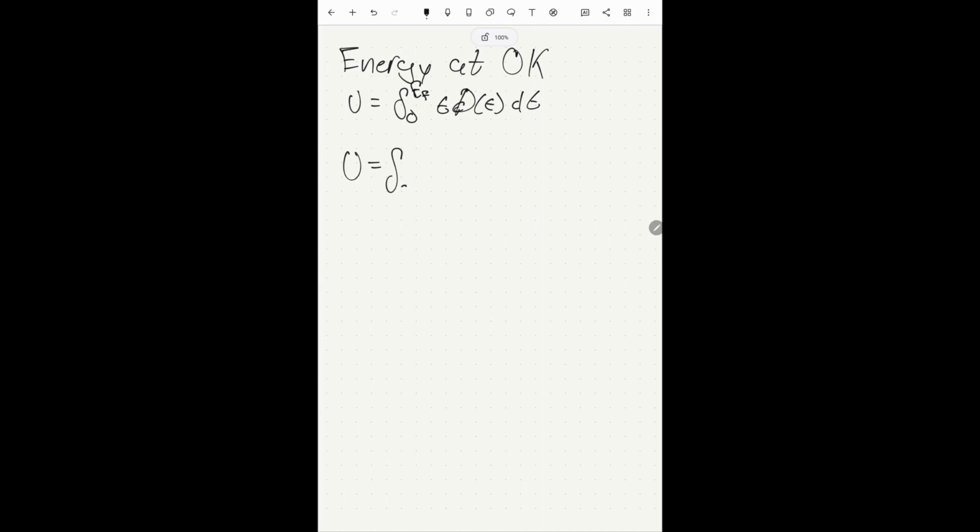So we got U is equal to the integral from 0 to EF of epsilon, and our density of states was A m over pi h bar squared. And we're going to take this with respect to epsilon. This integral comes out to be 1/2 A m over pi h bar squared times EF squared.